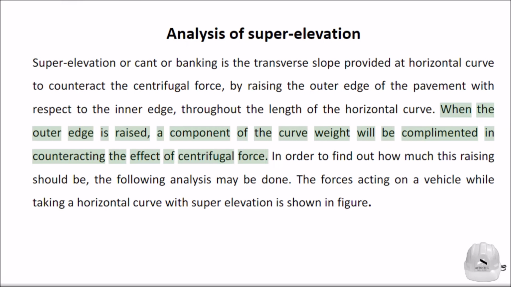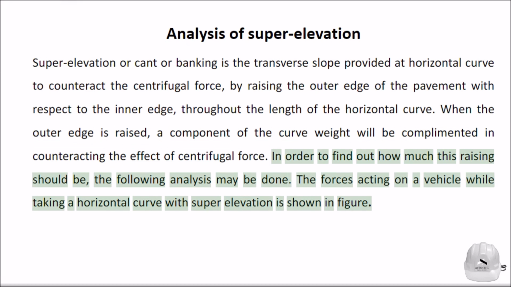When the outer edge is raised, a component of the vehicle weight will be complemented in counteracting the effect of centrifugal force. In order to find out how much this raising should be, the following analysis may be done.